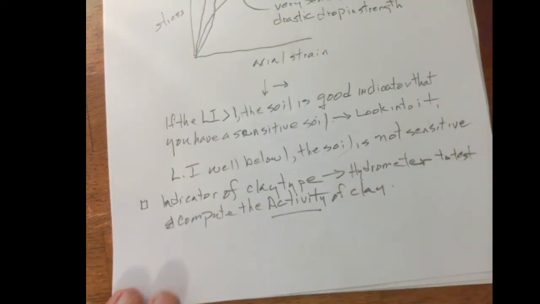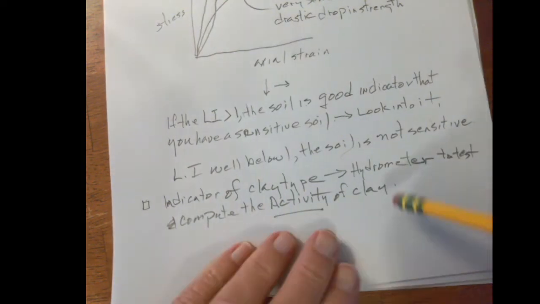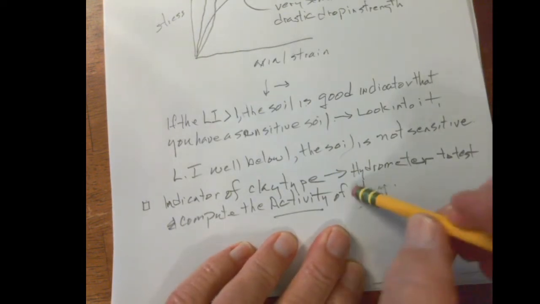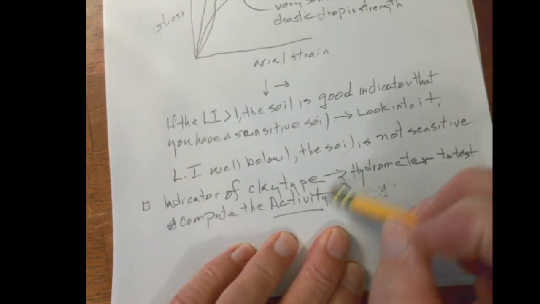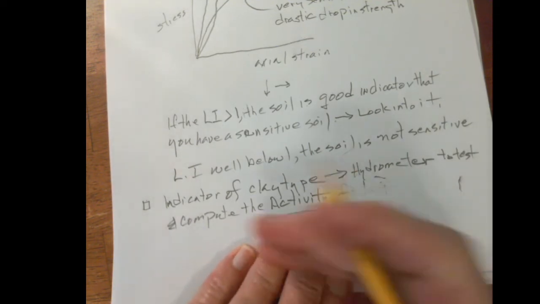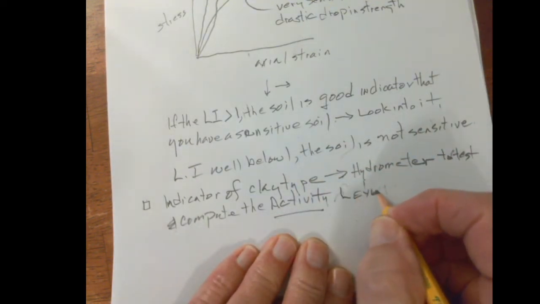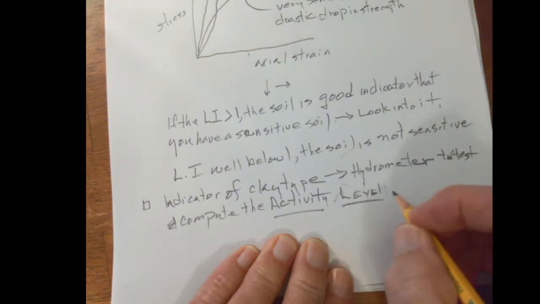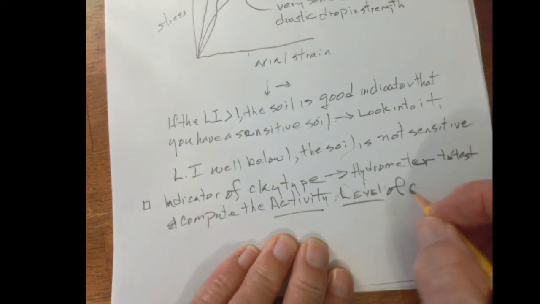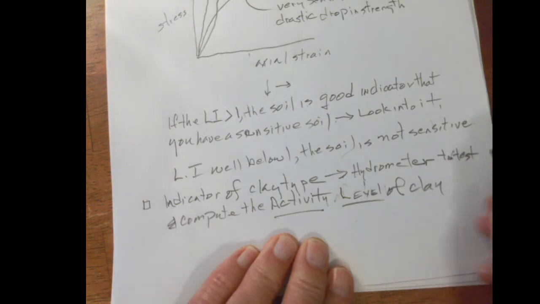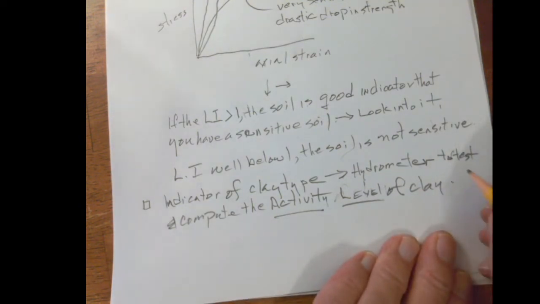All right. Now, that's called activity level. That's kind of important. Activity level of clay. What's going on inside the sample?